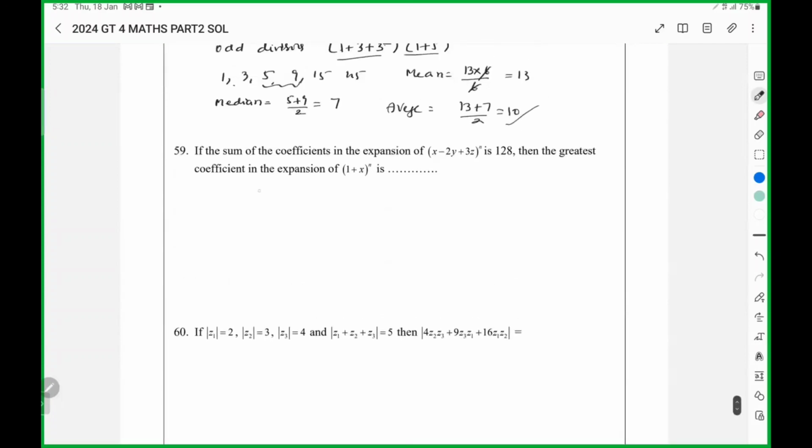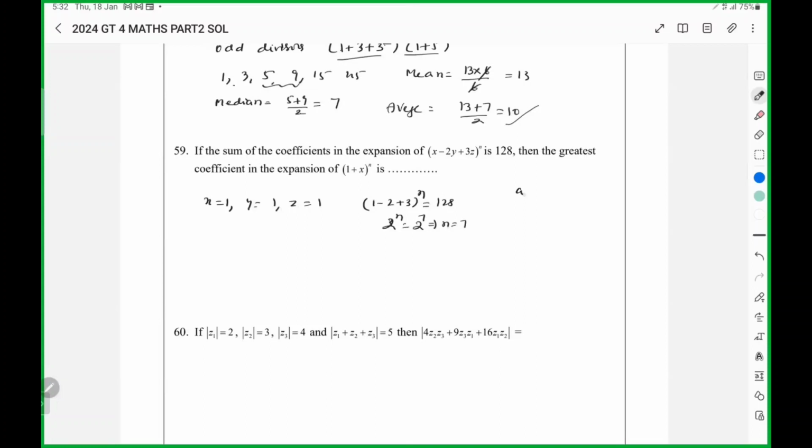Sum of coefficients means put all variables as 1. 4 minus 2. 2 power 7, right? N is 7.